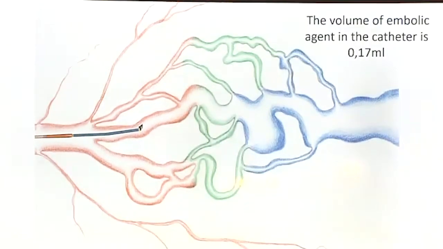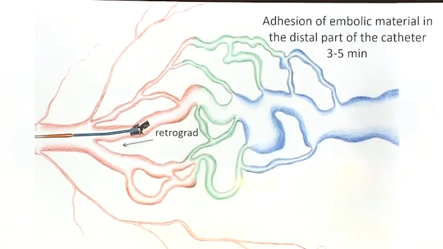We know the volume of embolic agent in the catheter is 0.70 milliliter. I push this quantity of embolic material and stop and wait at the head of the catheter and embolic material. This is a schematic embolization, and you can see after occlusion of the parent vessel, embolic material goes retrogradely, the same as with a balloon, closing the parent vessel.